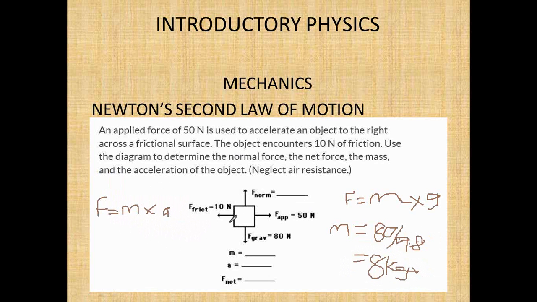The object is moving to the right, so the net force is to the right, so the acceleration is going to be to the right as well. So the acceleration is equal to the net force divided by mass.